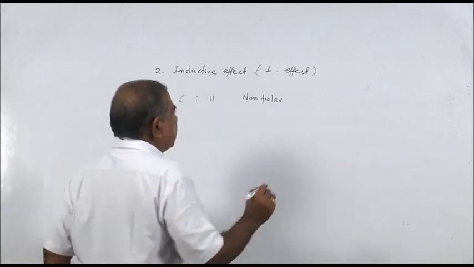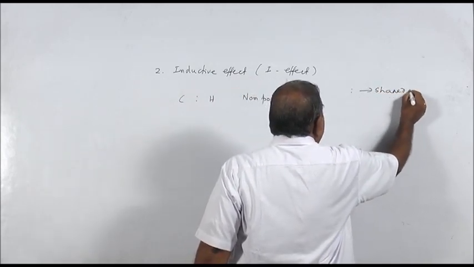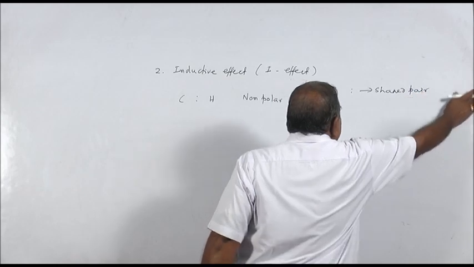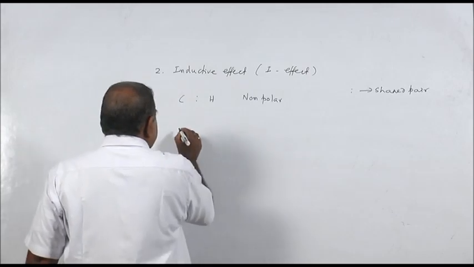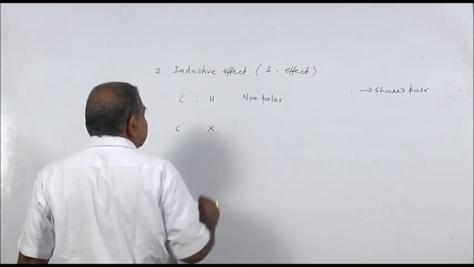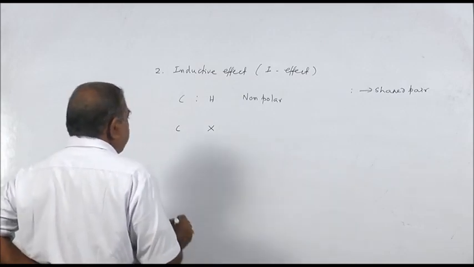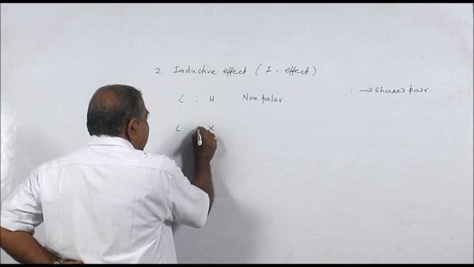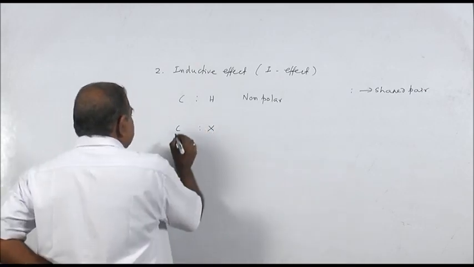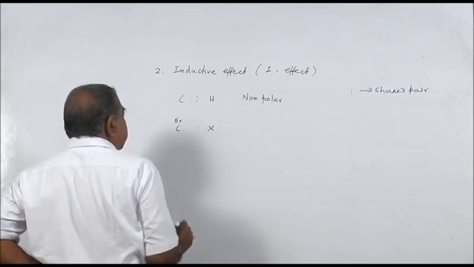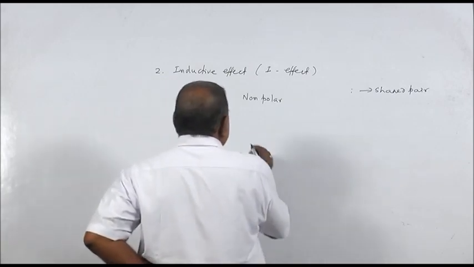This shared pair of electrons remains exactly in between carbon and hydrogen. Say an atom or group, say X, which is more electronegative than carbon, is attached to it, then the shared pair of electrons will be shifted more towards X in comparison to carbon. Therefore, carbon develops slight positive charge, X develops slight negative charge.